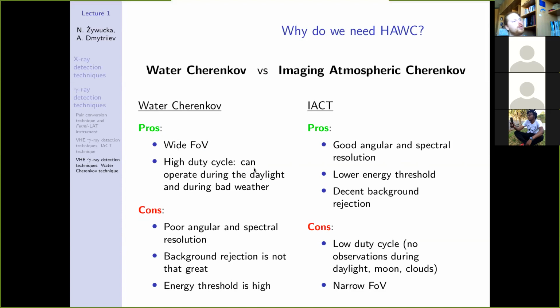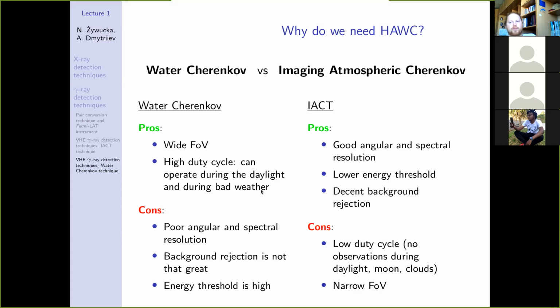You can observe with ground particle arrays like HAWC during the daylight. It's totally fine for them, whereas Cherenkov telescopes cannot do that, because they need to detect the faint Cherenkov flashes over the night sky background. And during daylight, this is not visible at all.